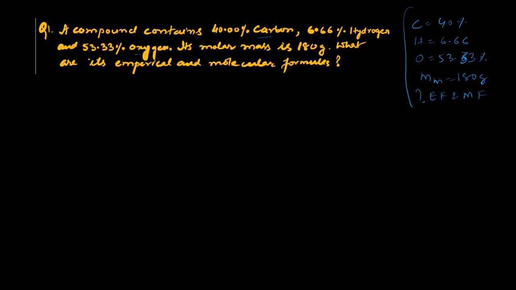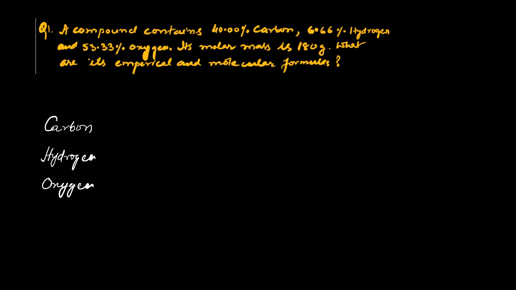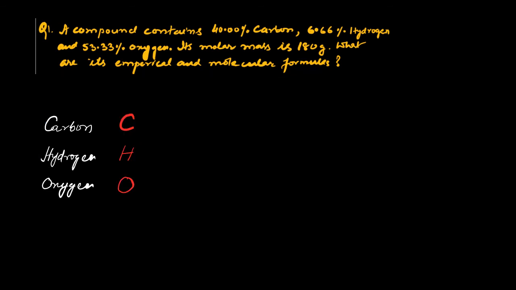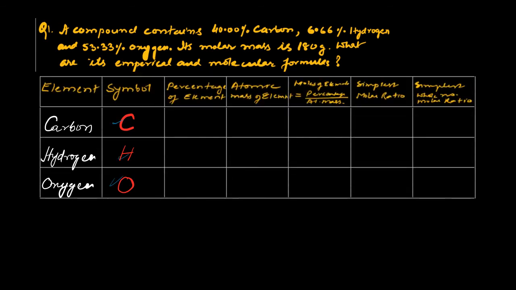So in order to solve this problem, we have to follow some steps. So first of all, we will write the elements involved in the problem, that is carbon, hydrogen and oxygen. After that, we will write the symbols of these elements, and after that we will write the percentage of the elements, which is given here.